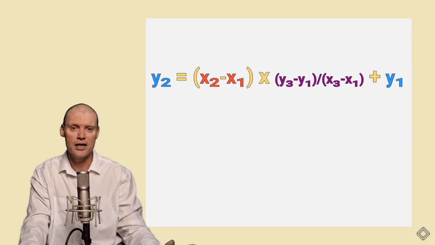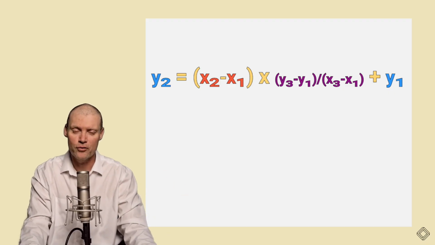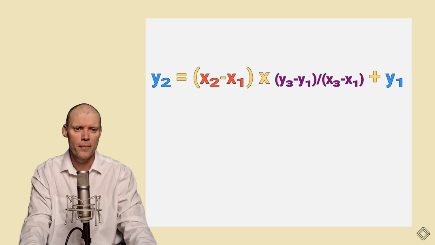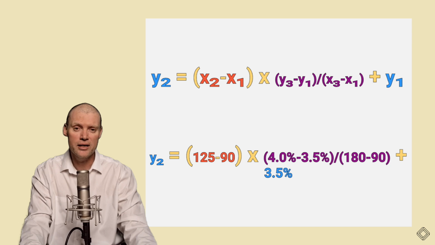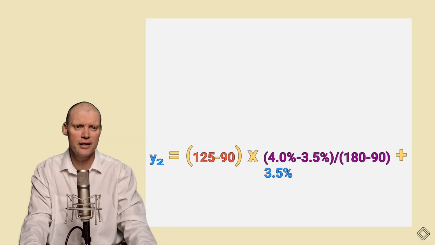So to prove that, and to do it all full circle, let's plug in the values from our hypothetical scenario and prove that we can solve this in one formula. First of all, we have the change in x, x2 minus x1, is 125 minus 90, times m, which was 4% minus 3.5% divided by 180 minus 90. That will give us 0.0056, plus all of that plus 3.5%, which is the y1 at the end there.